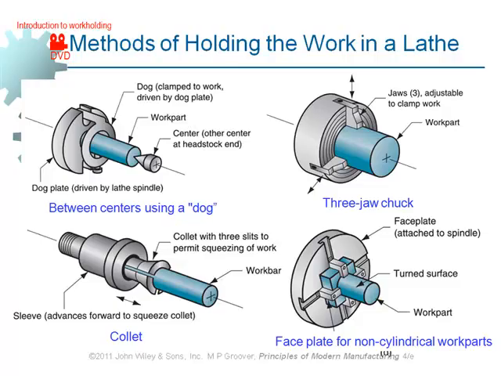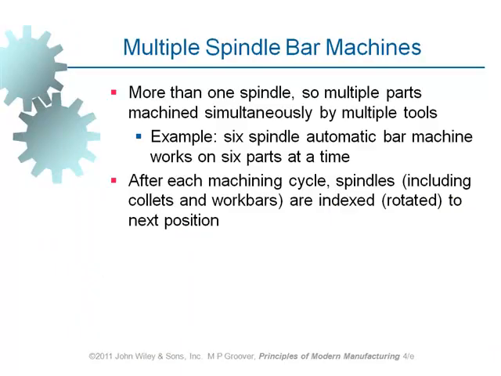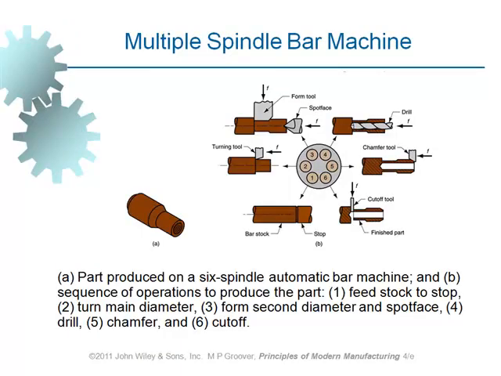Good. Moving on. And of course, this is what was explained in the video clip. There are some machines where you can have a number of parts being machined at the same time for mass production purposes. For this given part, there are 6 parts which are being machined at the same time. Each part has got a different machining step.